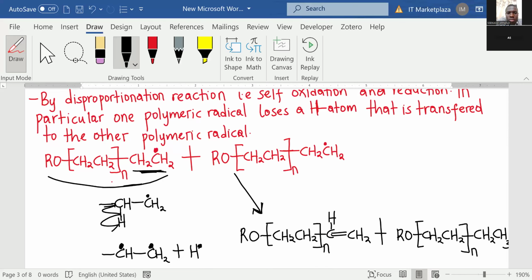And that is addition polymerization for polyethylene. It occurs in 3 stages: initiation, propagation, and termination.